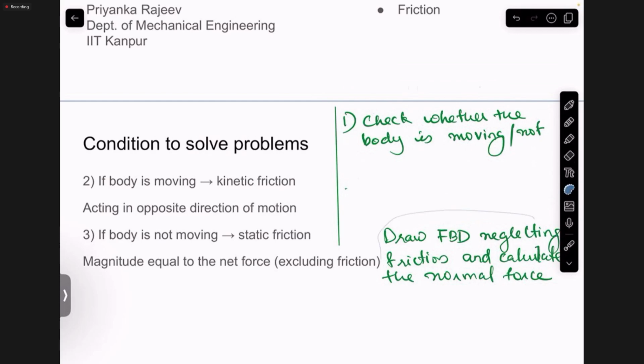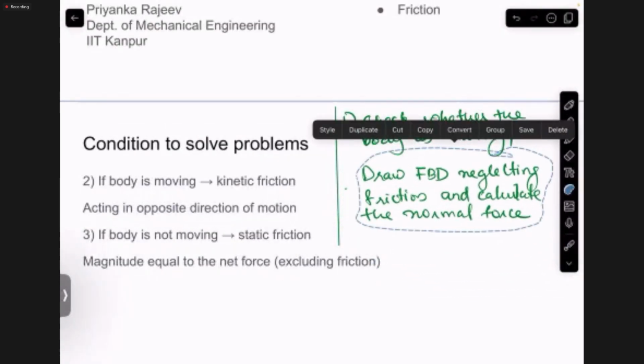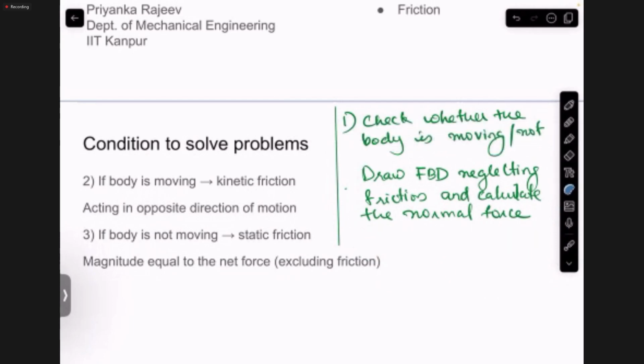We will draw the free body diagram, neglecting friction, and calculate the normal force. Then calculate F max, that is limiting friction.